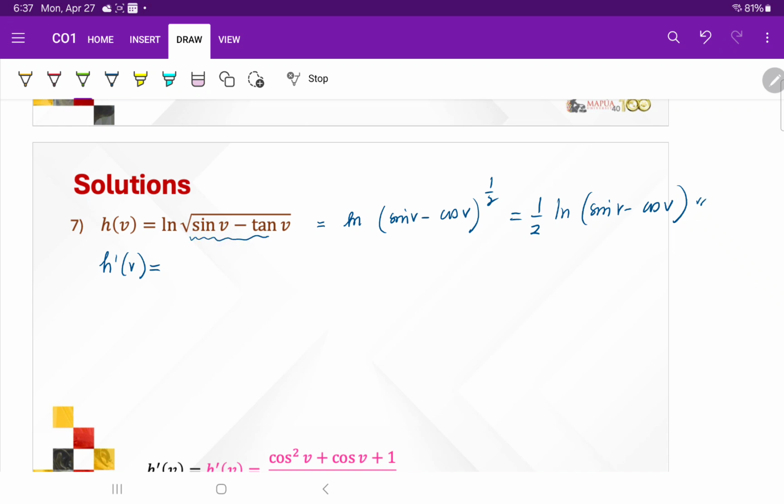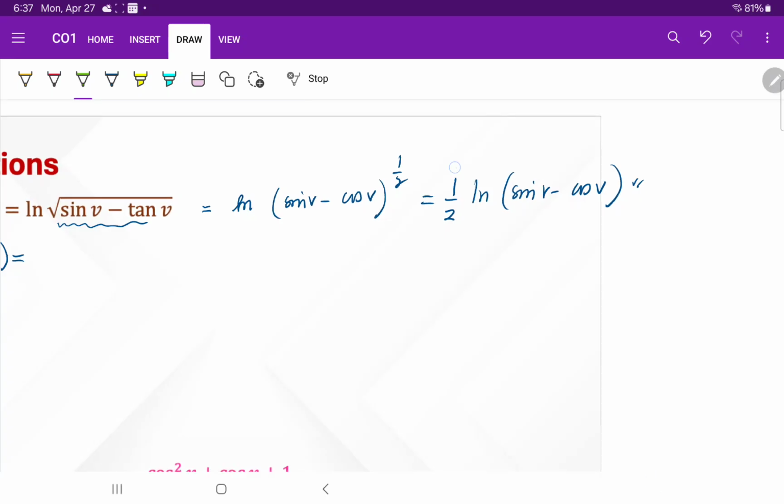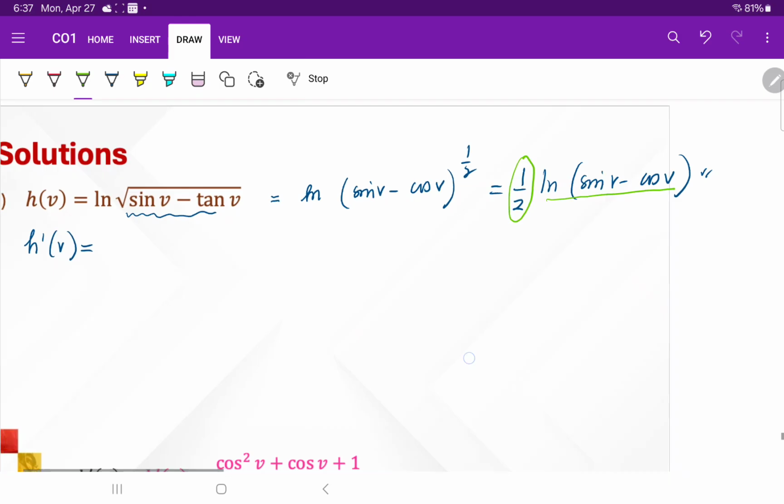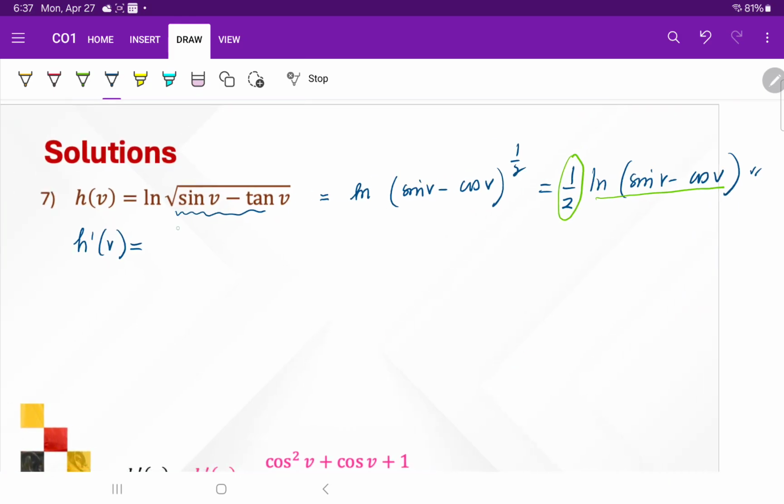So how will you find the derivative of this one? We can copy the constant term times the derivative of this. So we copy 1/2. What's the derivative of ln of u? This is u.